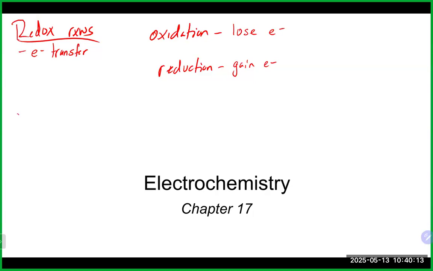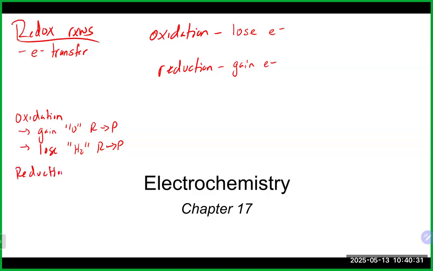There are some other definitions. For example, oxidation can also mean that something gains oxygen, or loses hydrogen, as you go from reactants to products. And reduction can mean the opposite, which is losing oxygen or gaining hydrogen as you go from reactants to products.